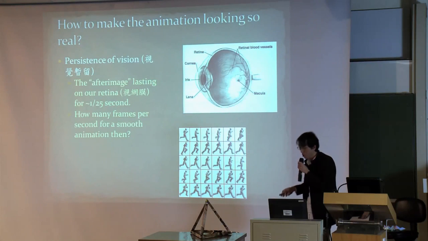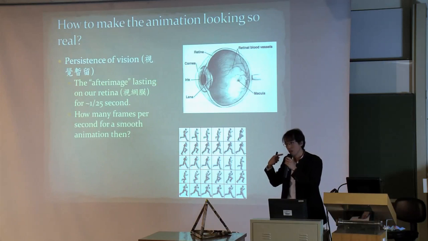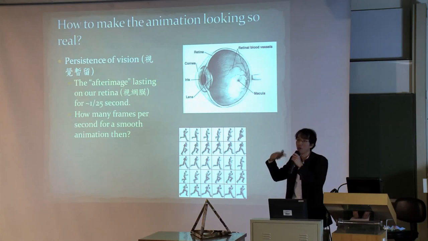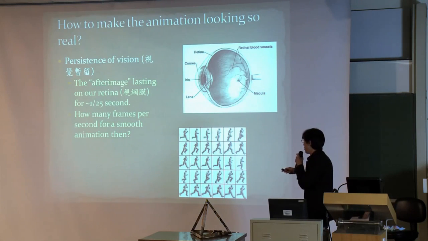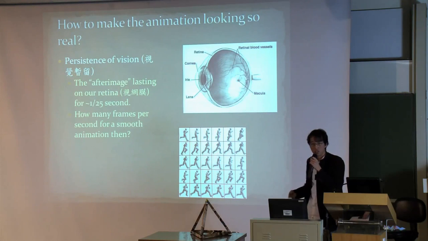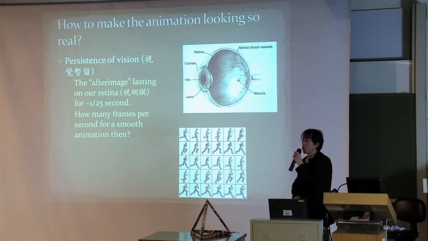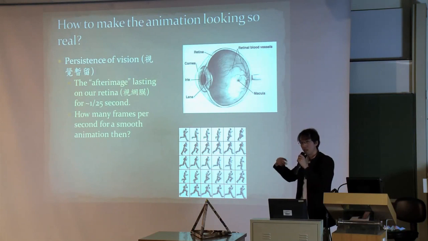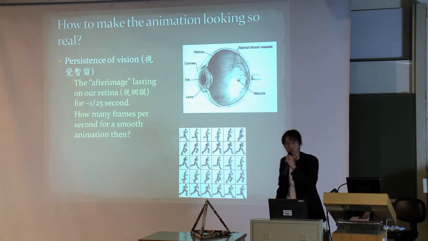The optical signal on our retina could memorize the image for about 1/25 second. That means we need roughly 25 pictures in a second to tell our eye that it is a smooth animation.